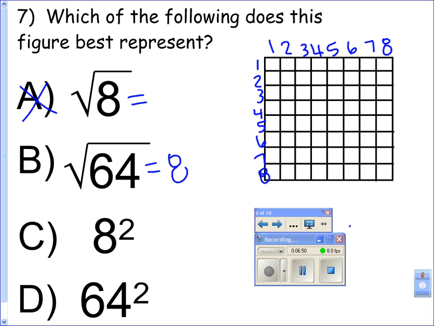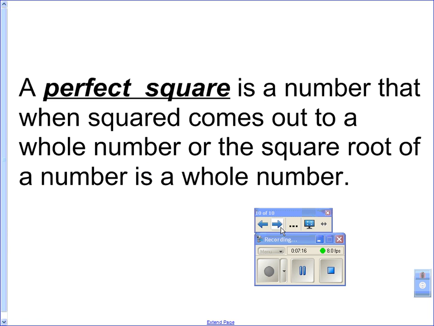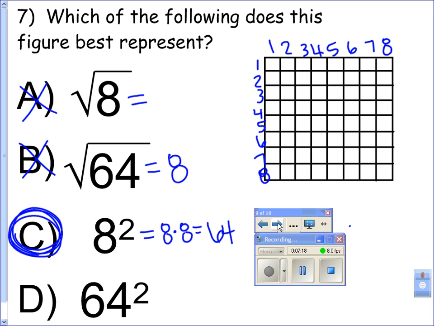That is 8. Are there only 8 squares here? No, there are not, so B is out. C, 8 squared. What does 8 times 8 equal? That equals 64. Are there 64 squares here? Yes, there are. The answer is C for number 7. If you missed that, correct it and move on to number 8. Sorry, that was the last one.